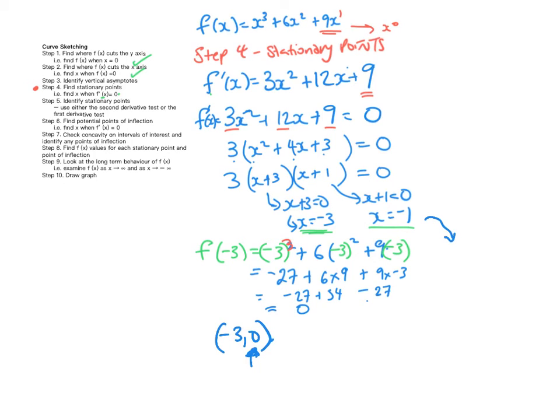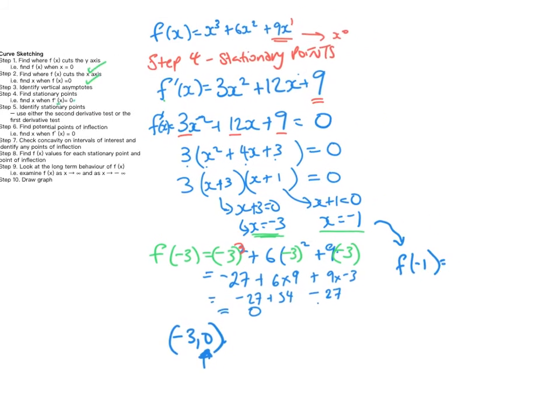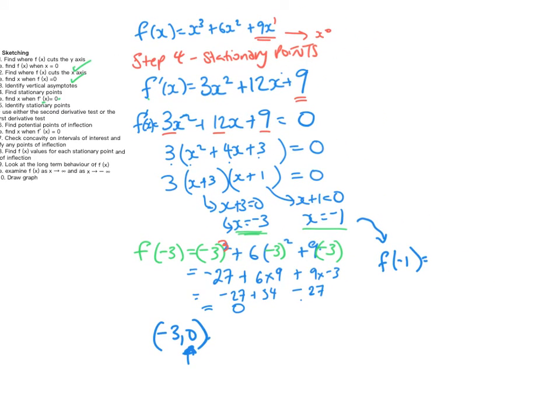For x is -1, we're going to plug and play -1 into the original equation, which is x cubed plus 6x squared plus 9x. So let's do it color-wise, how we did the other side. So that's -1 all cubed, plus 6 times -1 squared, plus 9 times -1.